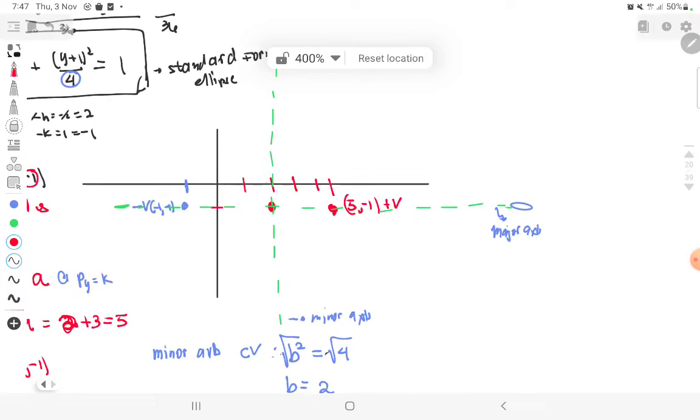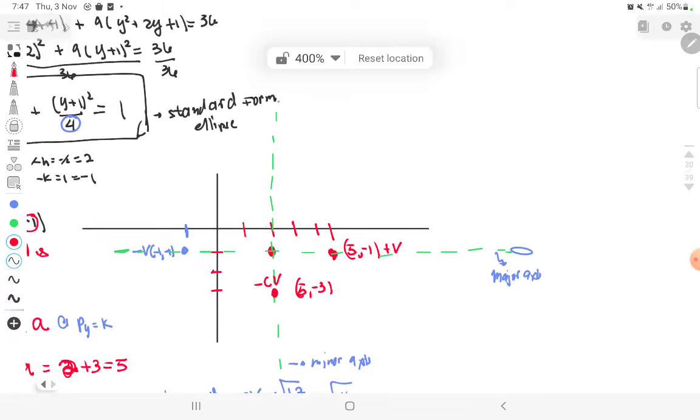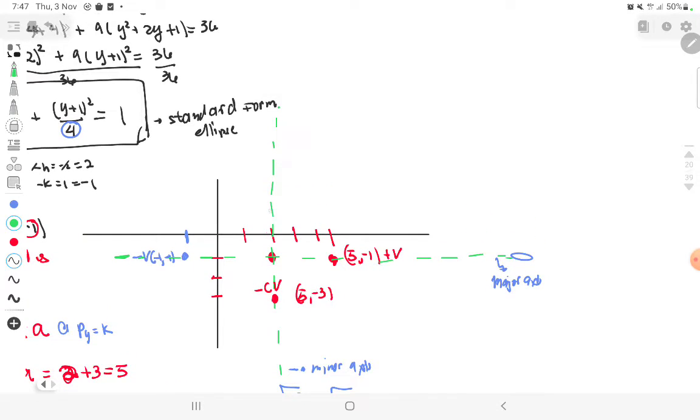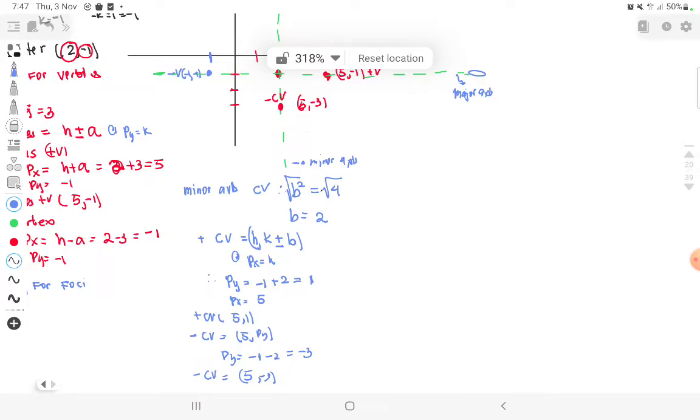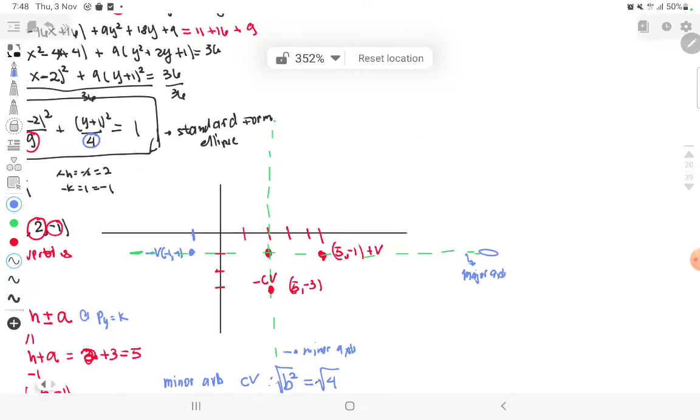So 5, -3, I think this will be here, 1 2 3, 5, -3. This is my negative CV, and for my positive CV I will have positive 5, 1. So here, okay, let's try to graph.